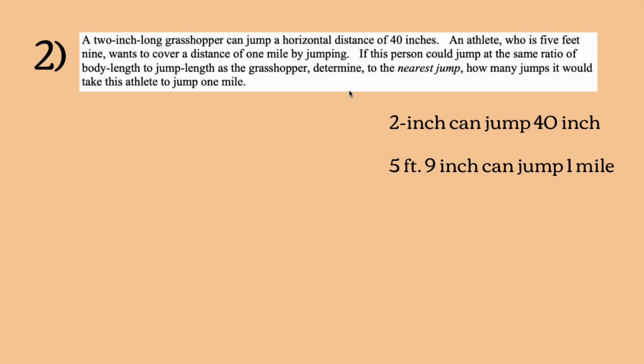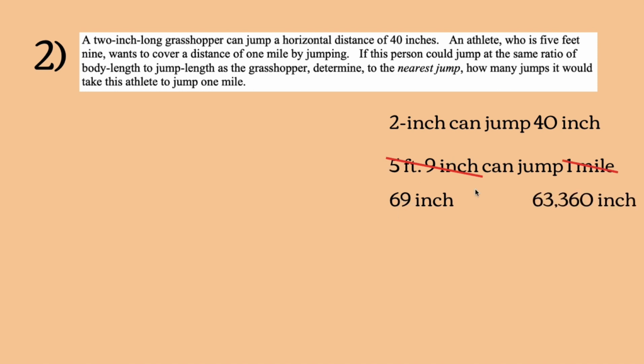The information they gave us is that the 2-inch grasshopper can jump 40 inches, and the 5'9" athlete can jump 1 mile. So we're going to convert this information into inches. 5'9" is 69 inches because 5 feet is 12 inches times 5, which is 60, and 60 plus 9 is 69.